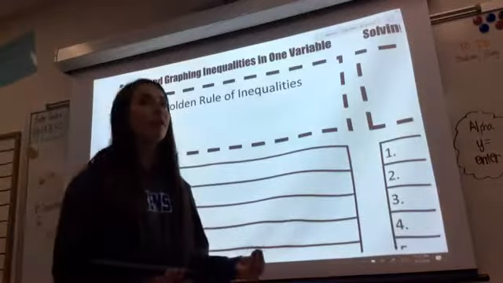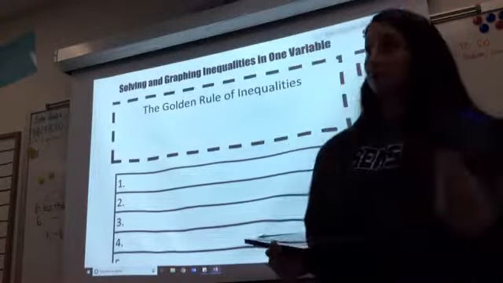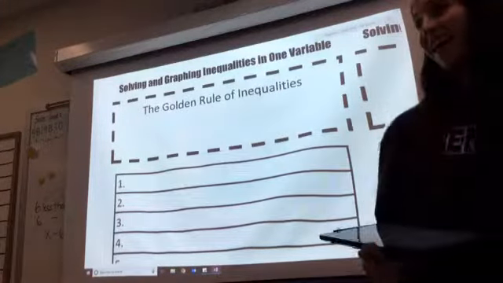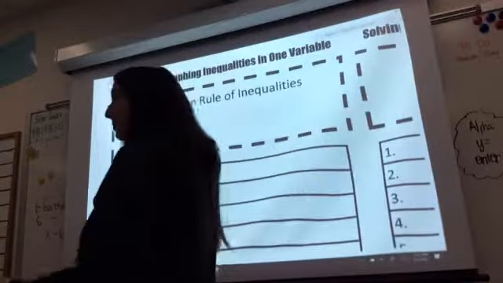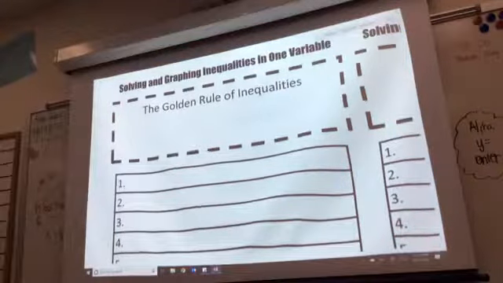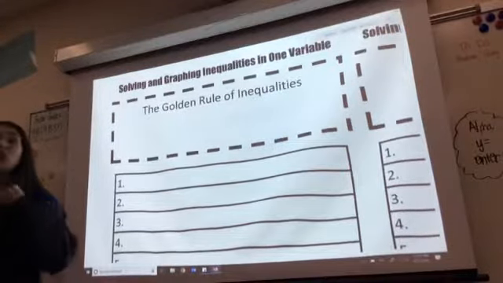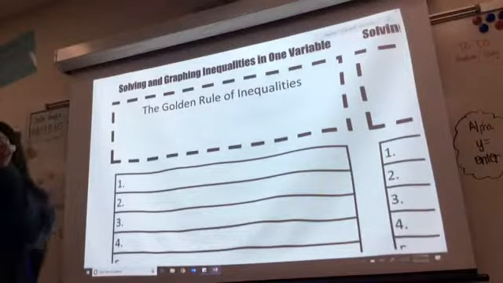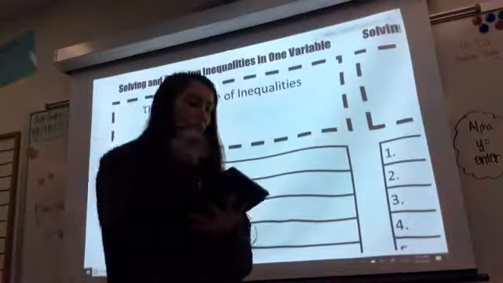So what's less than 5? 4, and there's a ton of possibilities, right? So inequalities open up the door. They give you lots of possibilities of answers. Equations give you only one.